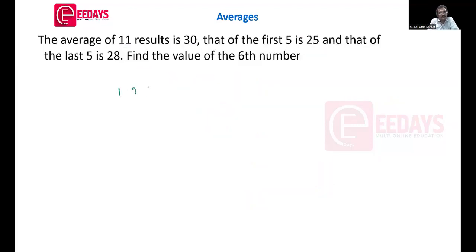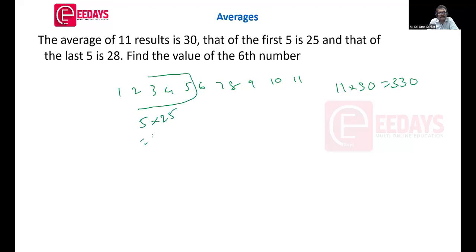Next, 1, 2, 3, 4, 5, 6, 7, 8, 9, 10 and 11. The average of 11 results is 30. 11 into 30 is 330. The average of the first 5 is 25, so 5 into 25 is 125. The last 5 average is 28, so 5 into 28 is 140.